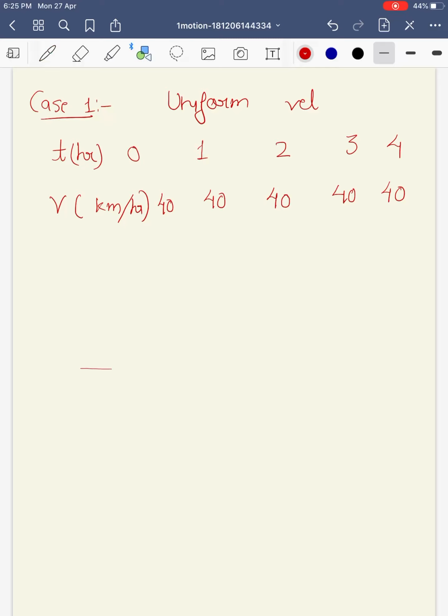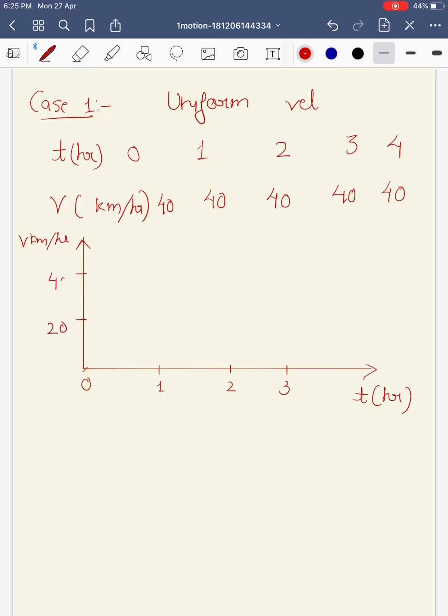If we plot this on a graph, here we have taken time on x-axis, that is in hours, and velocity in kilometer per hour on y-axis. Corresponding to time 0, the velocity was 40.